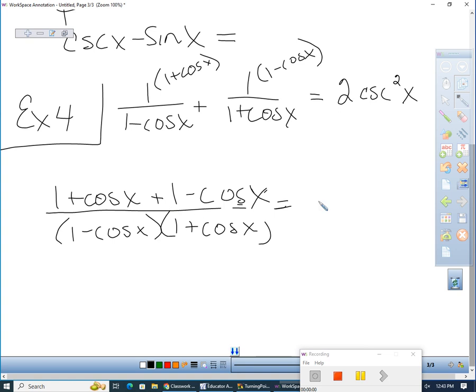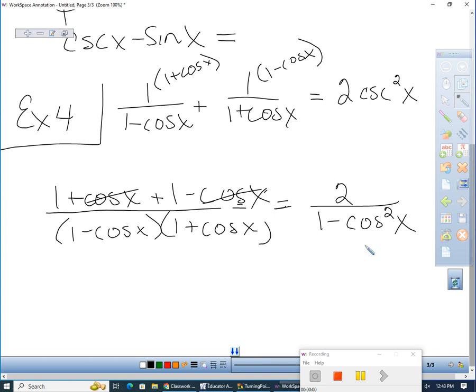1 plus 1 is 2. What happens to my cosines? They cancel. Good deal. Those are gone. On the bottom, it's the difference of squares, which is 1 minus cosine squared x. So what else can 1 minus cosine squared x be?